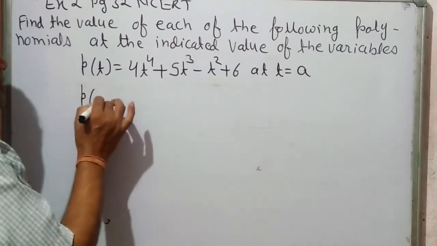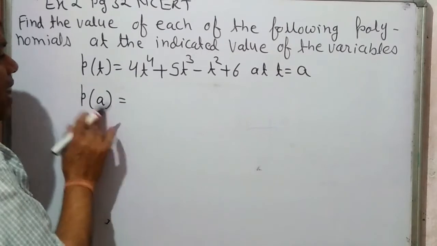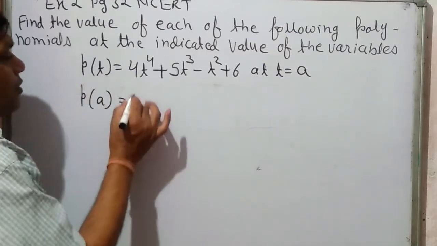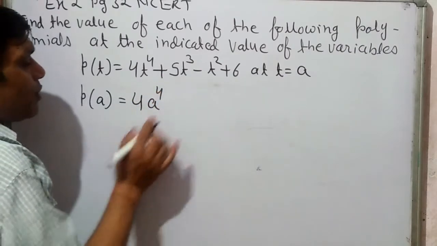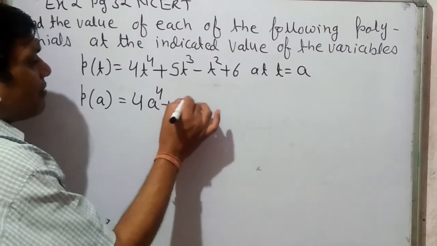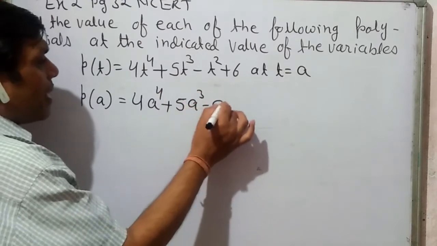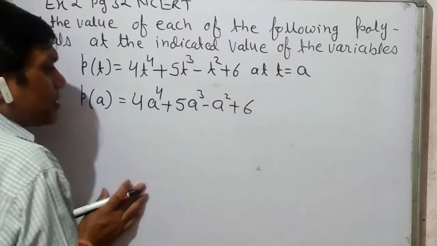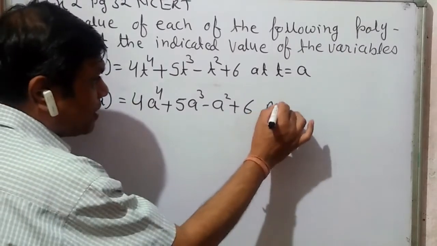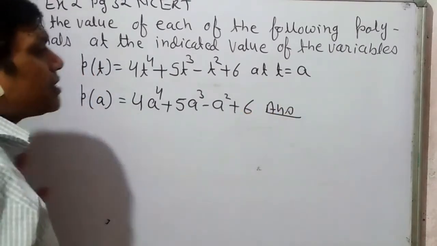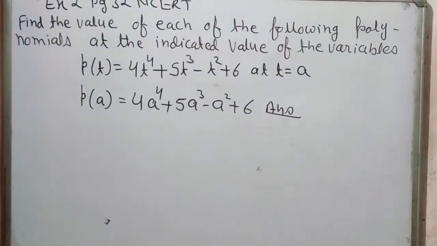The value of the polynomial at t equals a should be 4 in place of t, a raised to power 4 plus 5a cube minus a square plus 6. Can we solve it further? No further solving is possible. So that will be the answer to this particular part. Remember, we have simply replaced the variable with its given value.